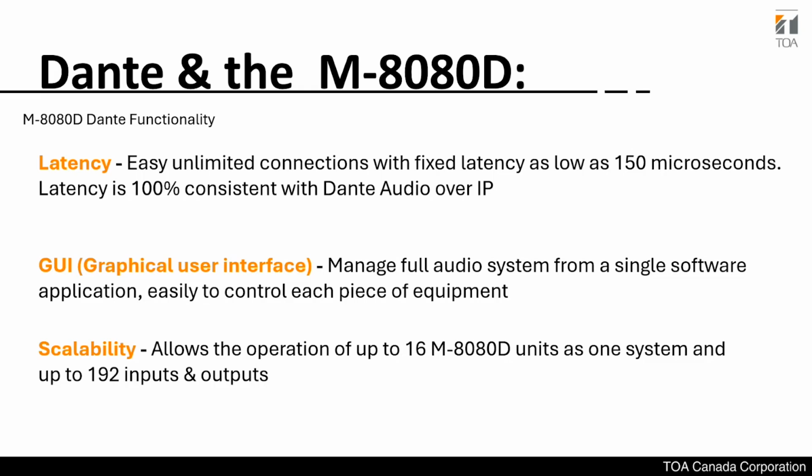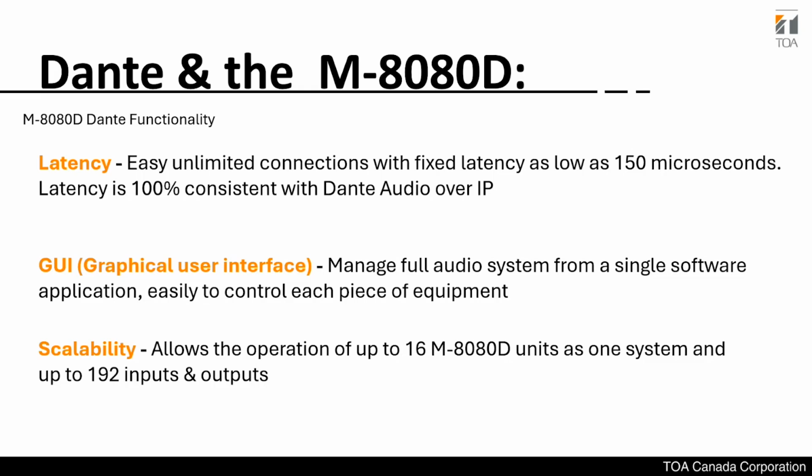As I mentioned earlier, there are a few other brands which offer digital audio, which can also convert analog audio to digital and transmit it. But the major issue is latency, which Dante can solve, and you can manage the full audio system from a single software application. The Audinate Dante Controller software lets you control all the equipment, so you don't have to use multiple software, especially for routing.